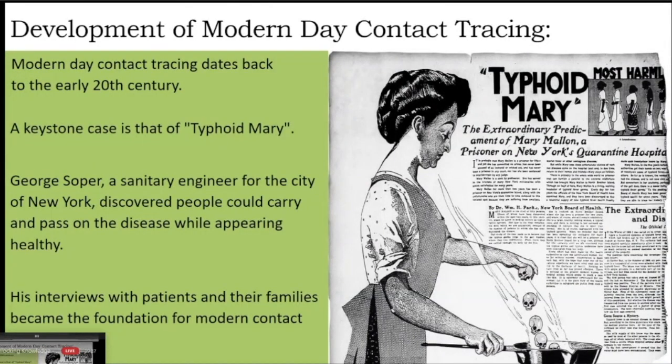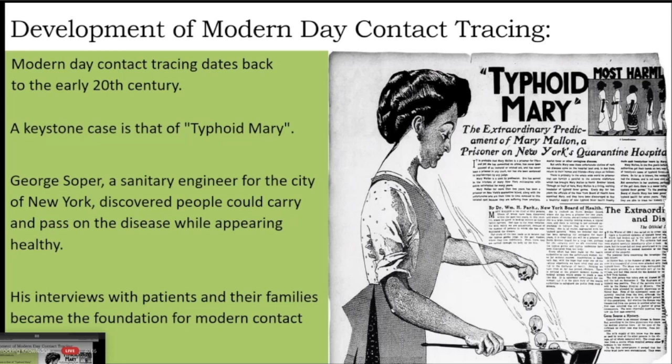Modern contact tracing dates back to the early 20th century. A keystone case is that of Typhoid Mary, the first person identified in the US as an asymptomatic carrier of the pathogen Salmonella typhi, or typhoid fever, a highly contagious bacterial infection which struck New York City in the early 1900s.